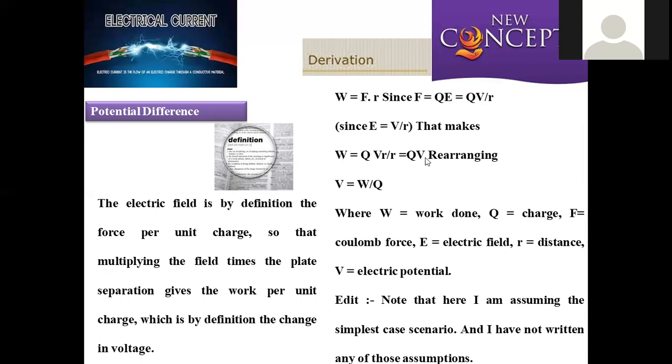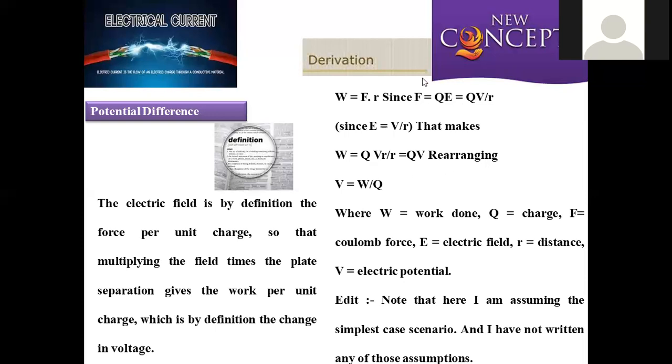W is the work done, Q is the charge, and V denotes the energy transformed into the electrical potential, volts, right? So now it is required to calculate this electrical potential: V is equal to W by Q. Where W denotes the work done, Q is the charge, F is the Coulombic force, E is the electrical field we are applying, R is the distance traveled, and V is the electrical potential.